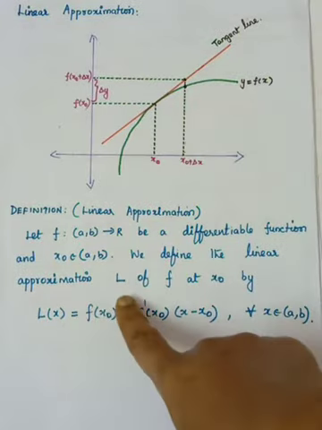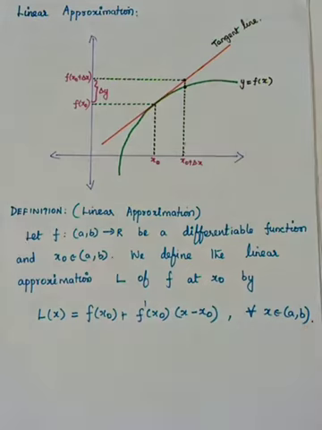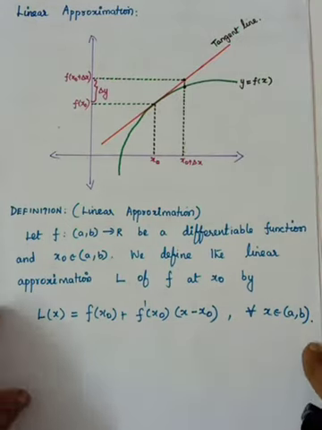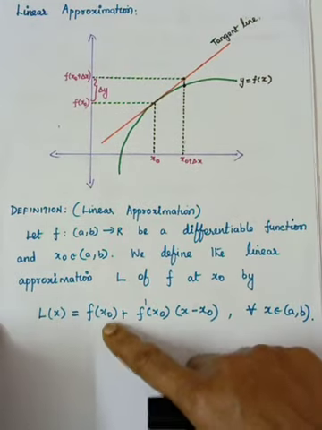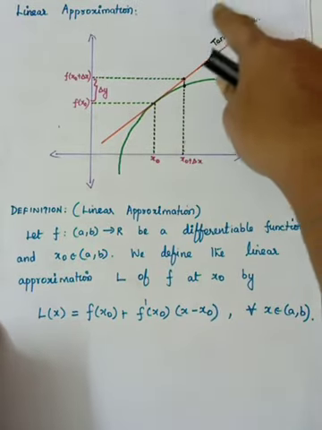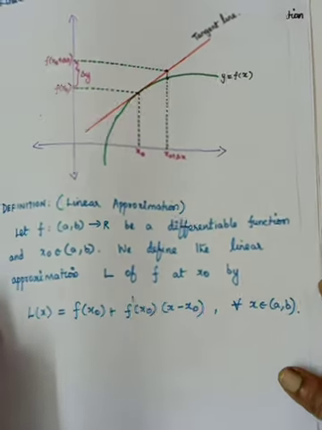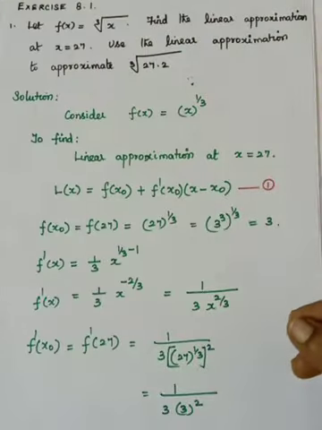We define the linear approximation L of f at x naught by L of x equals f of x naught plus f dash of x naught into x minus x naught. So this is the formula to find the linear approximation of the function at x naught. The equation of the tangent line gives the linear approximation of the function at x naught.